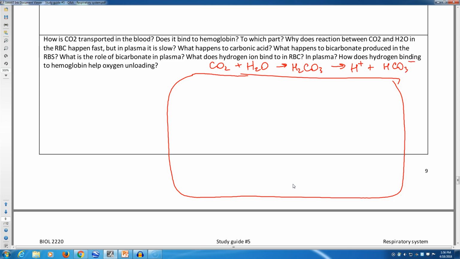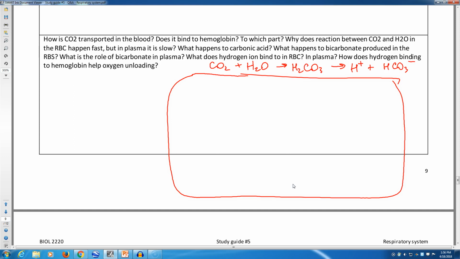Remember, this is slow because there's no enzyme. Okay? What happens to hydrogen? It binds to albumin, binds to plasma proteins. Bicarbonate serves as a buffer molecule. Good? Okay.